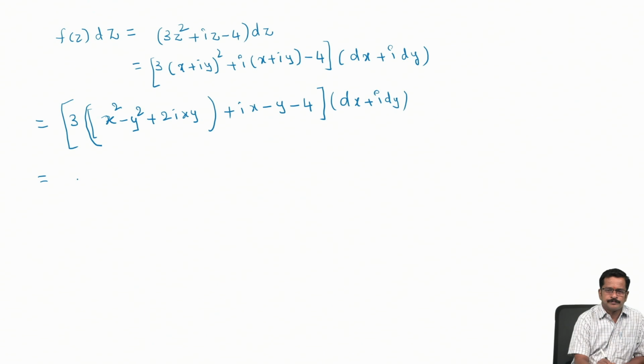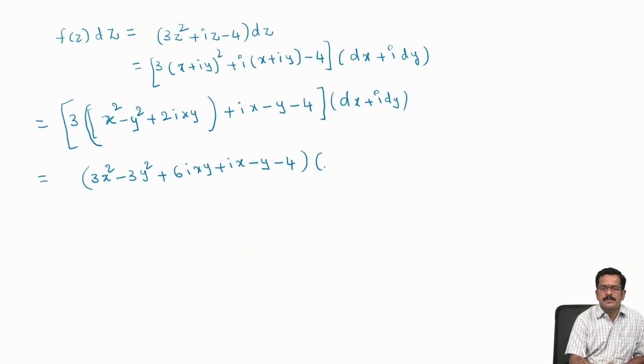So here, 3x square minus 3y square plus 6ixy plus ix minus y minus 4, into dx plus i dy.